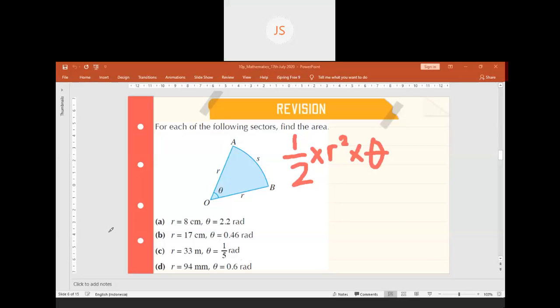Okay, 70.4 centimeter square. Is there anyone who got a different answer or is confused? Or maybe I talk too fast? No? If no confusion, I will continue to the next question.